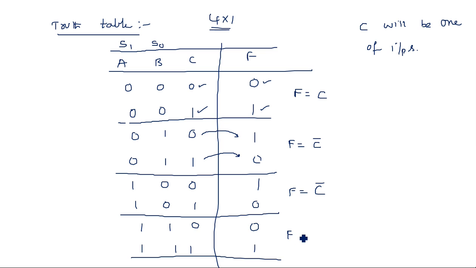And now here F is equal to C. See, now we have got the output function F in terms of C. That means when inputs are 0, 0, the D0 pin must be connected to C, D1 pin must be connected to C bar, D2 pin must be connected to C bar, and D3 pin must be connected to C.